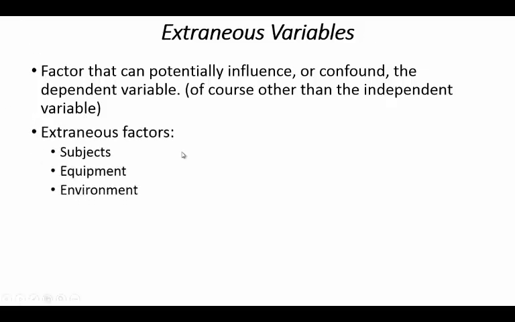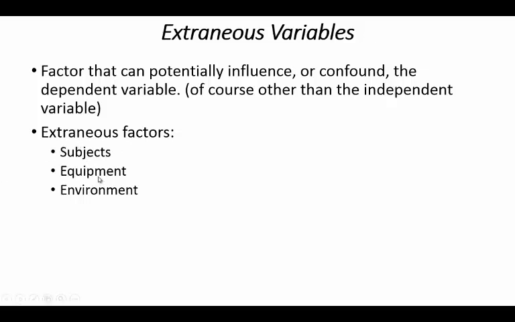As I said, extraneous variables or factors can be related to the subjects, the people. So if I'm doing an exercise program and I had a couple of people who had a really severe cold episode during the program, then probably they're not going to be participating as much, and that might influence the dependent variable, whether it is strength or skill or anything.